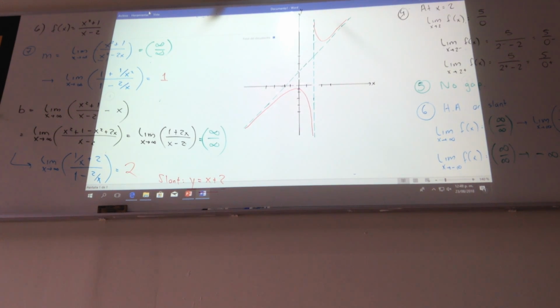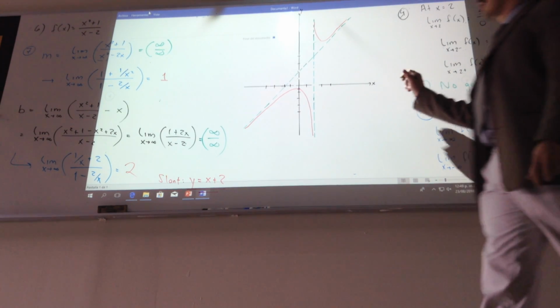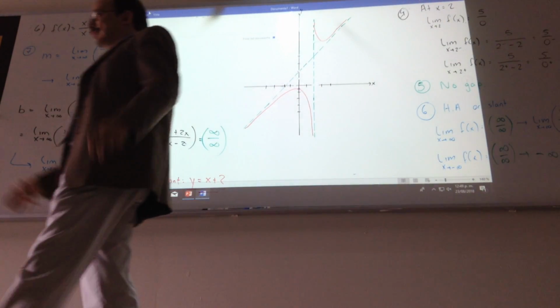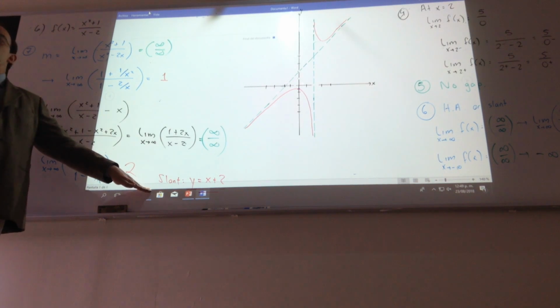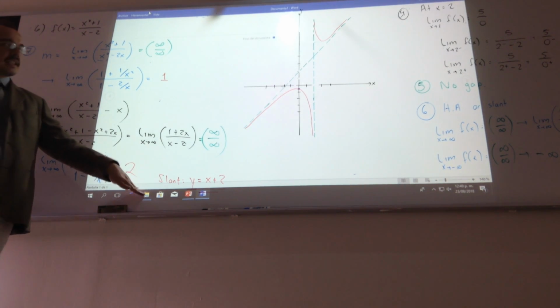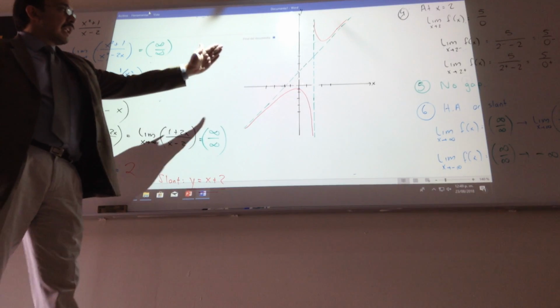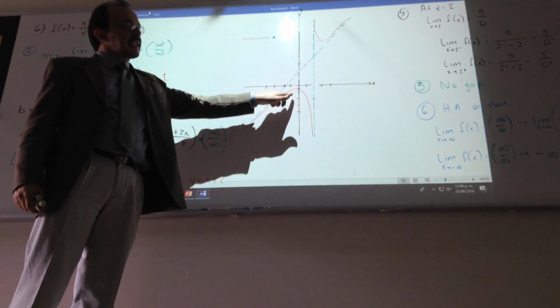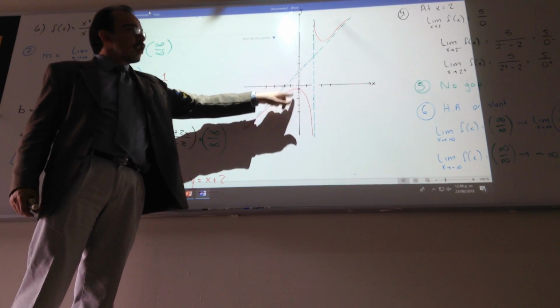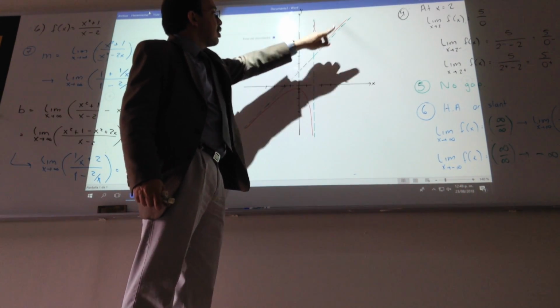A ver, primero, necesito que ya sepan graficar líneas, de mate 2. Entonces, les repito, graficamos la línea, graficamos la vertical. Tengo un punto, la gráfica debe cruzar ese punto a fuerza. ¿Cómo sé que va así y no para otro lado?